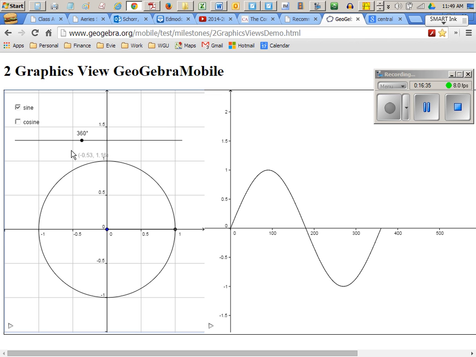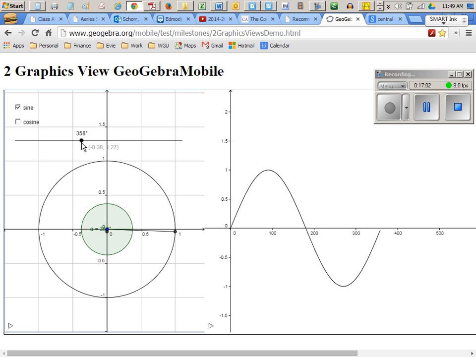The point, remember, went basically from a height of 0 to a height of 0.5, to a height of 1, to a height of 0.5, to a height of 0, to a height of -0.5, to a height of -1, to a height of -0.5, and finally back to a height of 0. And so what happens is the graph traces out this wave-like pattern to represent that.